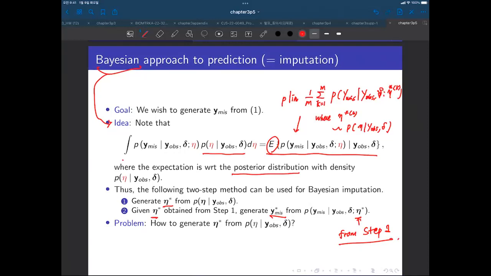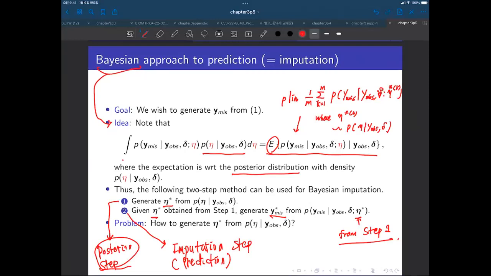Sometimes we name step 1 the posterior step, and step 2 the imputation step, or prediction step.